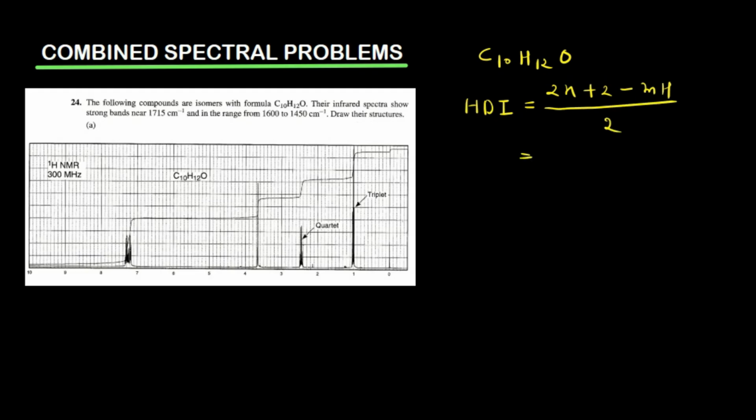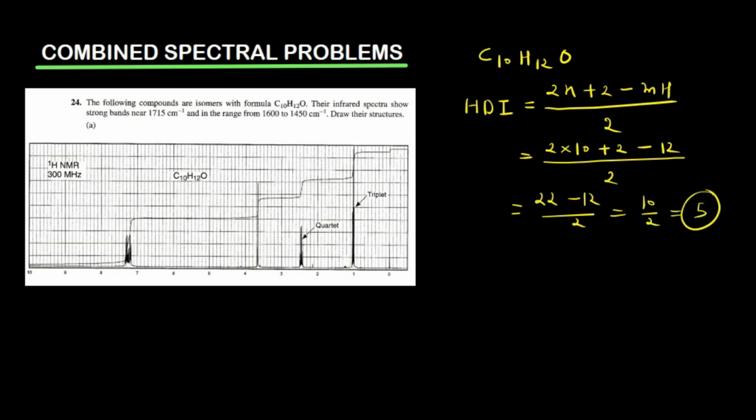So 2 multiplied by 10, because 10 carbons are there, we'll add 2 here, and total number of hydrogens are 12, and this whole divided by 2. If you solve this, it is basically 22 minus 12 over 2, that will give you 10 over 2 equals 5. So your hydrogen deficiency index is 5.